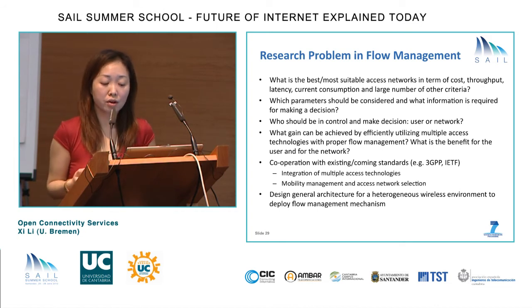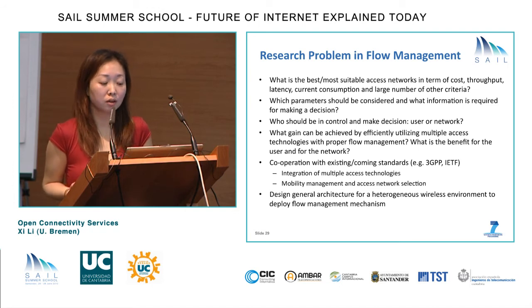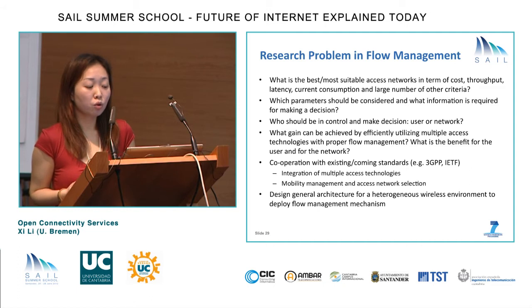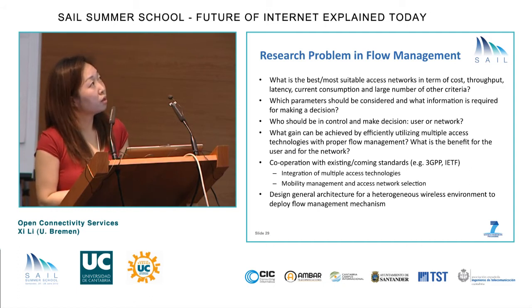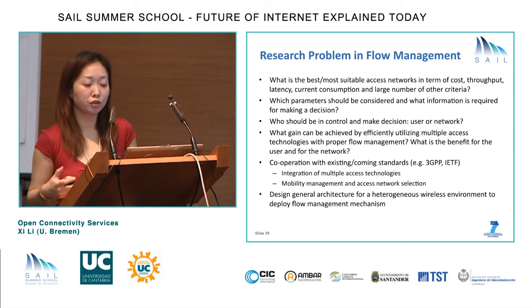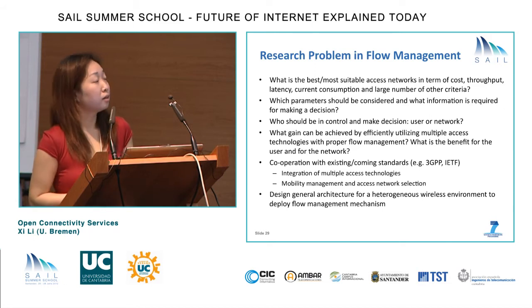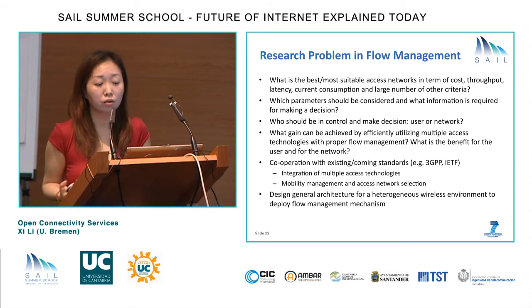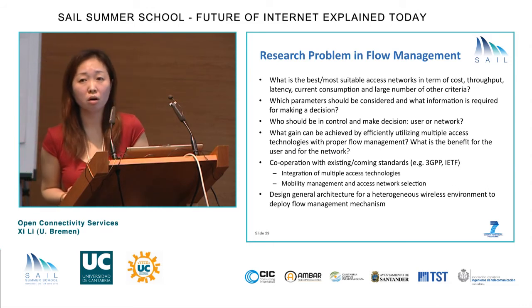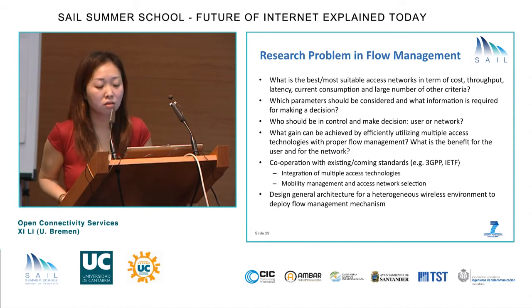What are the criteria you are going to focus on? And in order to make a decision about flow management, what kind of parameters or information do you need to collect from the network or from the users? And the sub-question is, who is going to make the decision for the flow management? Whether it's the user, the network, or someone else.